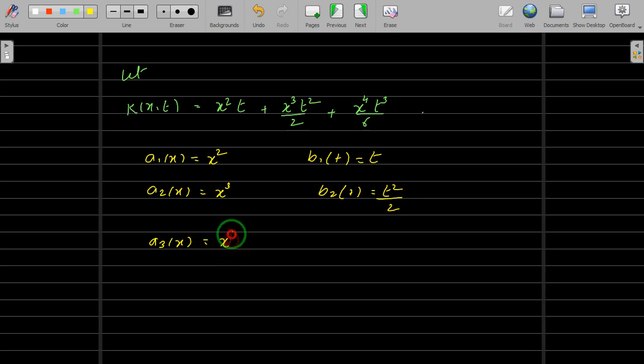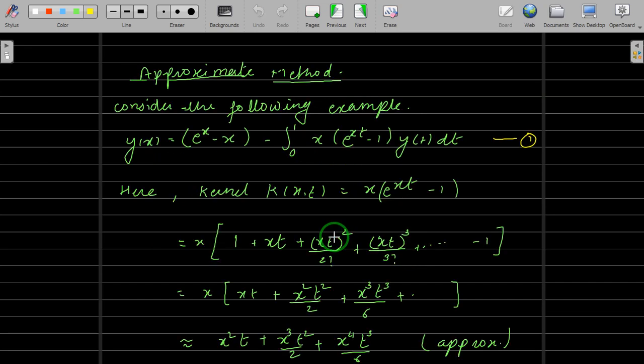And a3(x) is x raised to 4, again you can take that 6 with adjustments, it doesn't matter, and b3(t) is t cubed by 6. And then you write your equation 1, following the same procedure you followed last time.